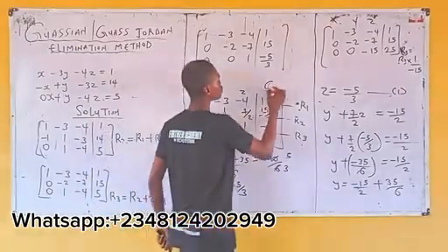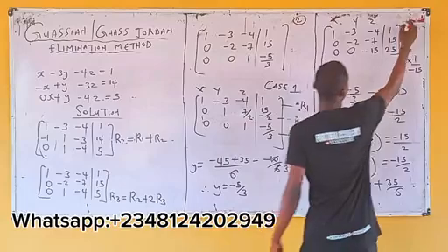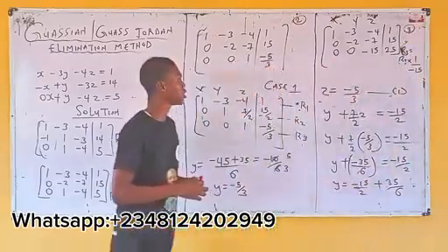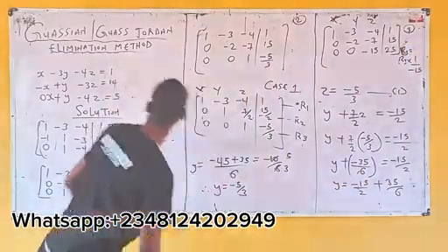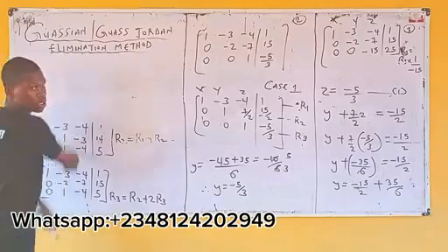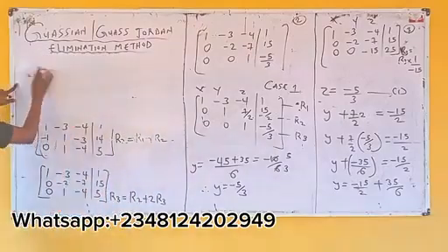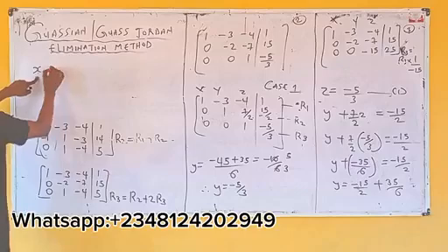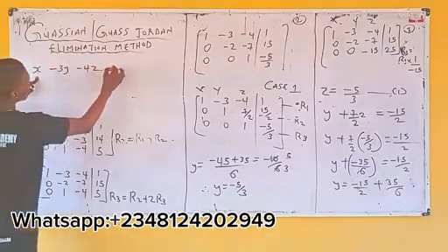Let me say this is case 1. This is 2. And this is 3. We got the value of, okay, let's solve for z. Let's solve for x first. It's the same case 1. x is what? That will be what? x minus 3y minus 4z is equal to 1.